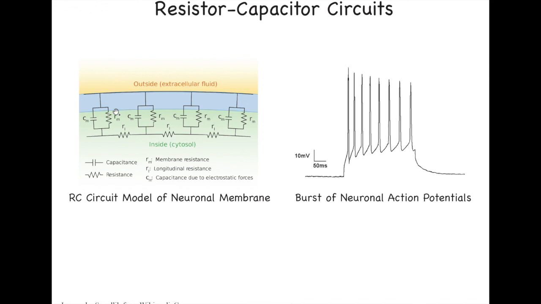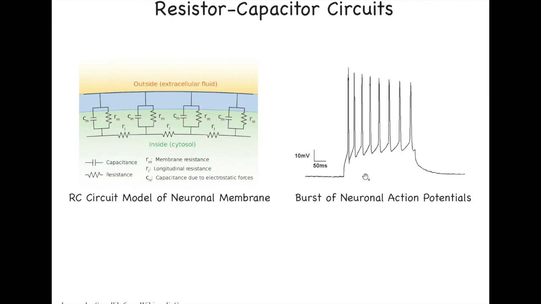The inverse of a resistance is a conductance, and that's what's normally talked about, a conductance through the membrane. And there are pumps that act as voltage sources, right, that pump ions from one side to the other that produce this voltage difference. But the bulk of the membrane itself acts as a capacitor in the sense that the charges are not allowed to easily cross from one side to the other.